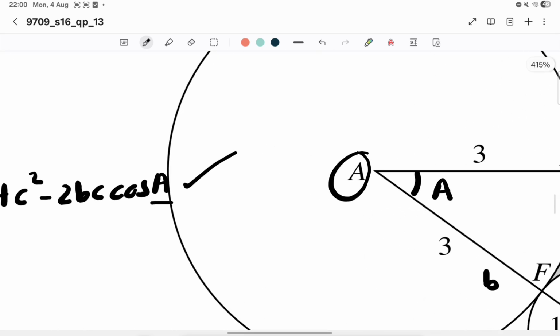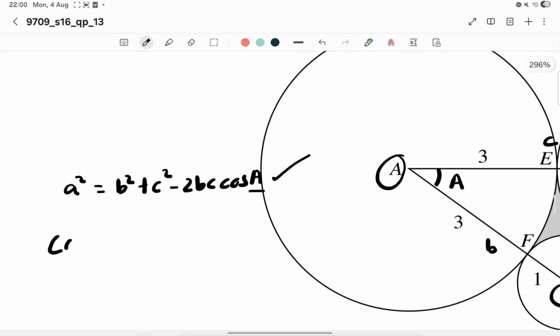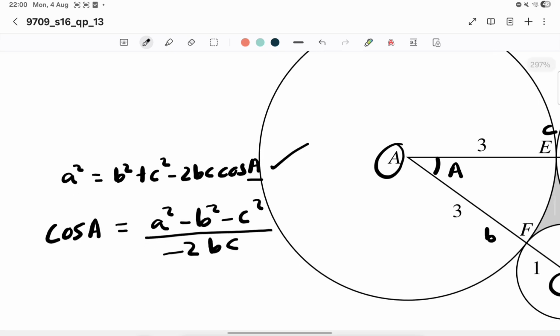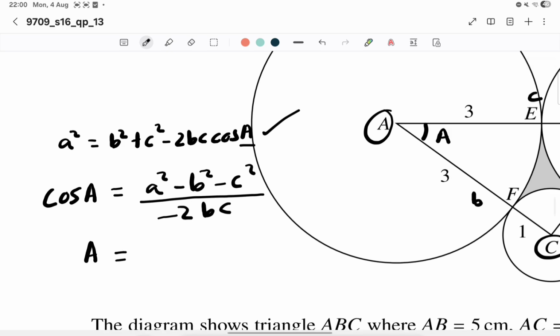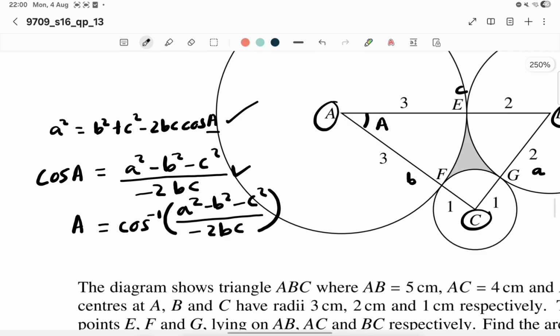So what we want is the angle. So try and make cos A the subject, and in doing that we have cos A equal to a squared minus b squared minus c squared over minus 2bc. And to get A, we're just saying the cos inverse of this. So now we're just left with substituting the values.